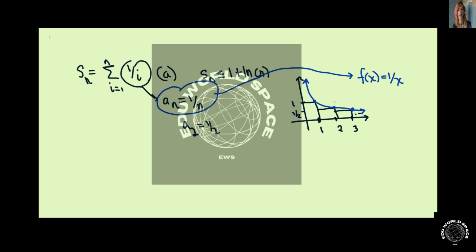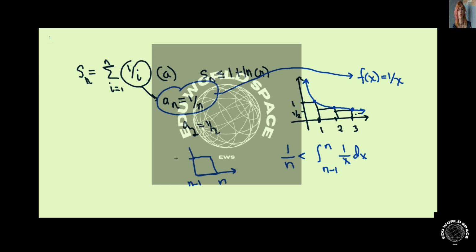Just looking at the picture here, we can see that 1 over n, which is the area of the nth rectangle, is a rectangle over the interval n minus 1 to n on the real line.